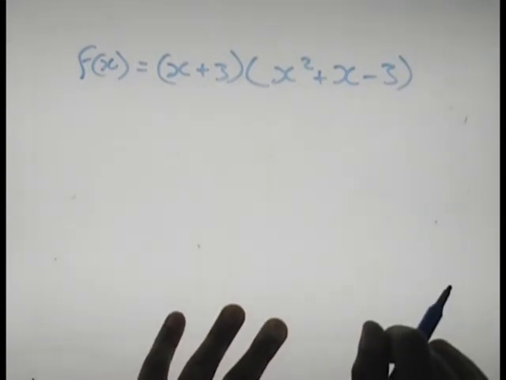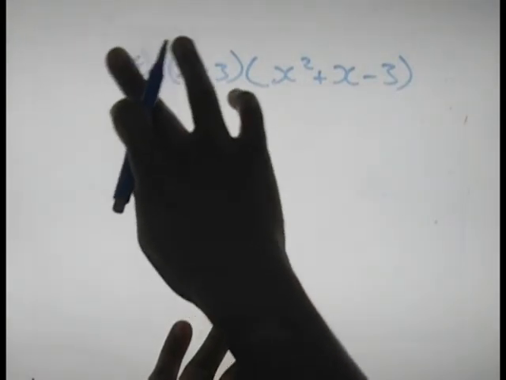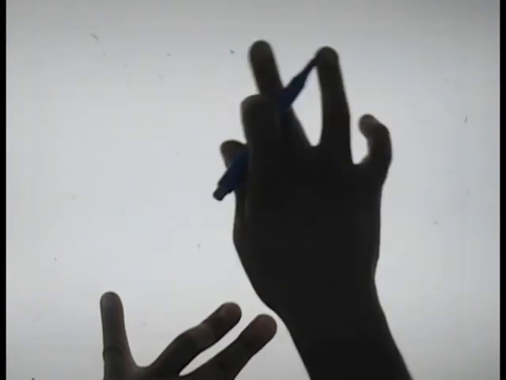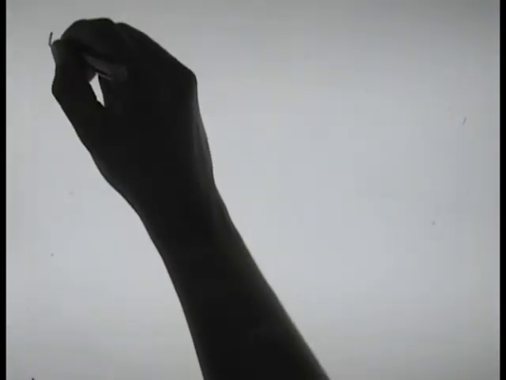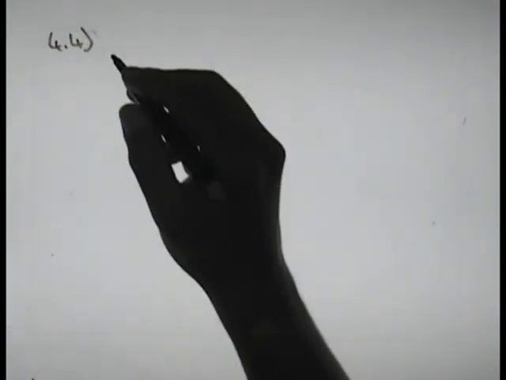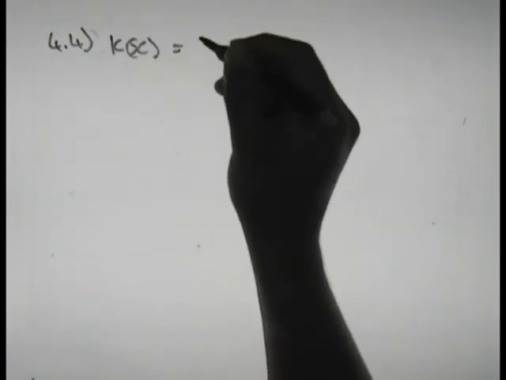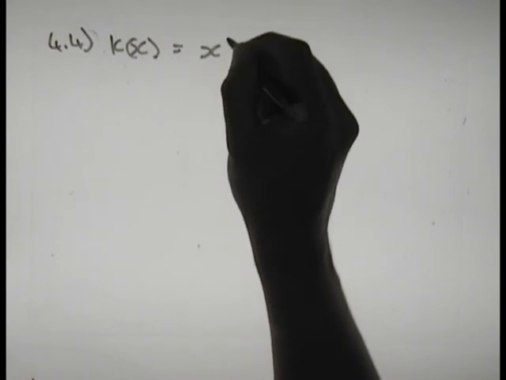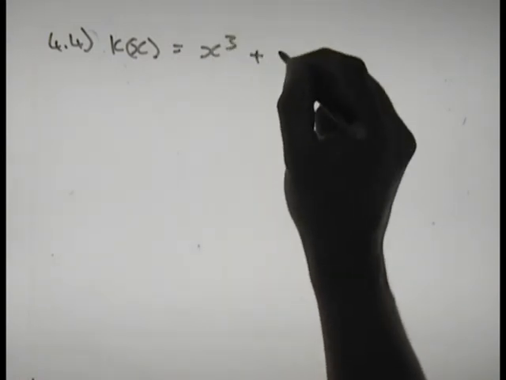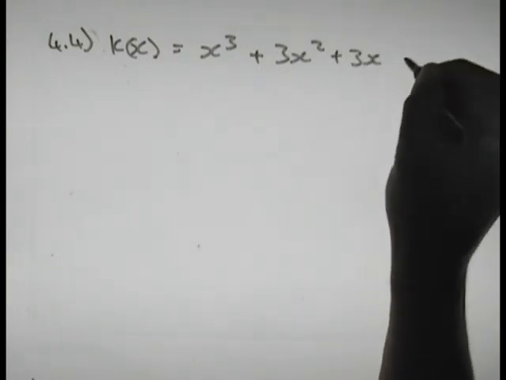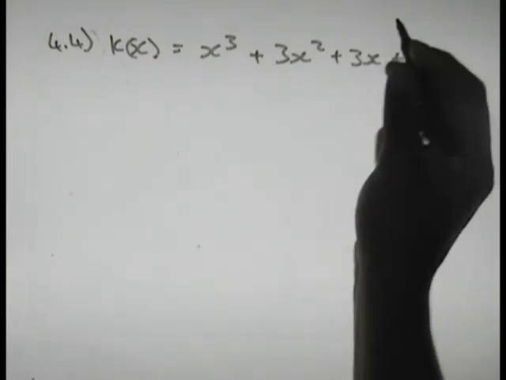The next one we are going to be looking at, number 4.4, reads as follows. k of x is equal to x cubed plus 3x squared plus 3x plus 1.